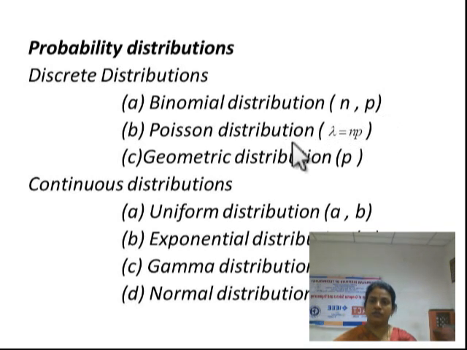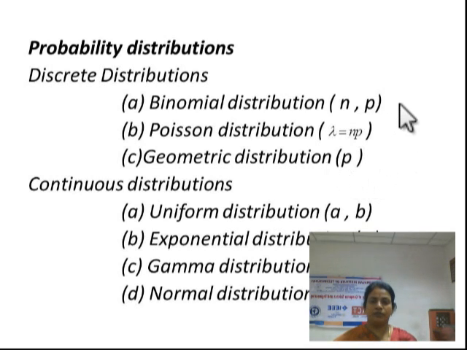The second distribution for the discrete random variable is the Poisson distribution. It involves a parameter lambda, which you can get from the product of n and p, as in the binomial distribution. The third distribution is the geometric distribution, with the parameter p.